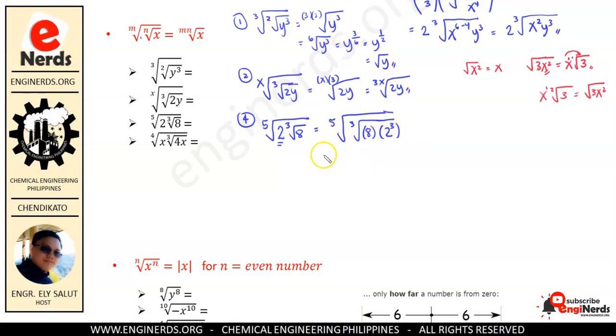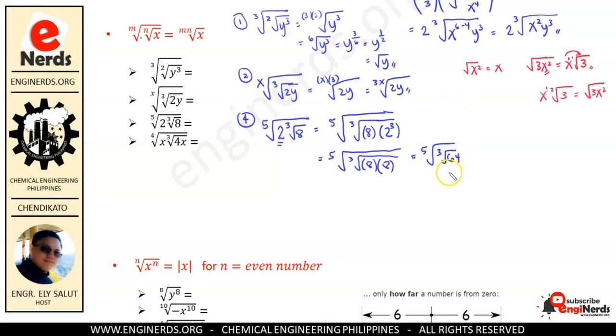So, this is equal to the fifth root of the cube root of 8 times 2 cubed, which is 8. So, that means this is equal to the fifth root of the cube root of 64.